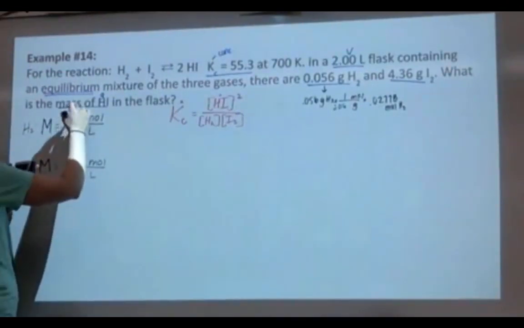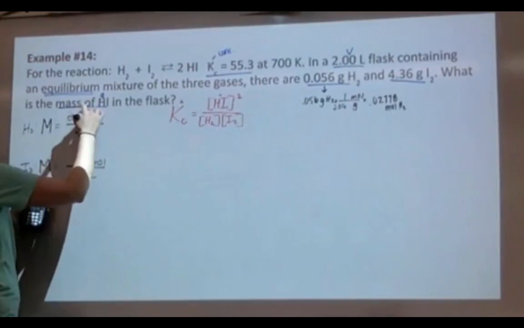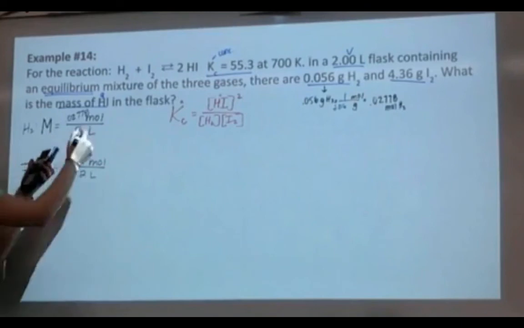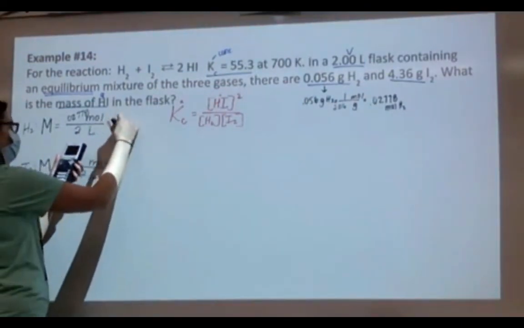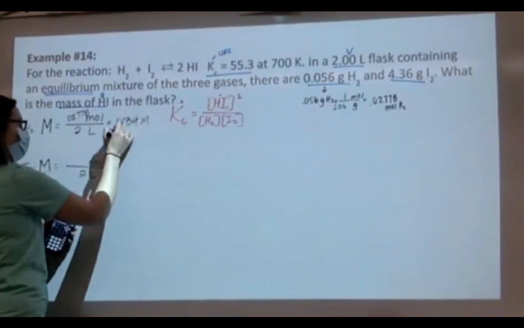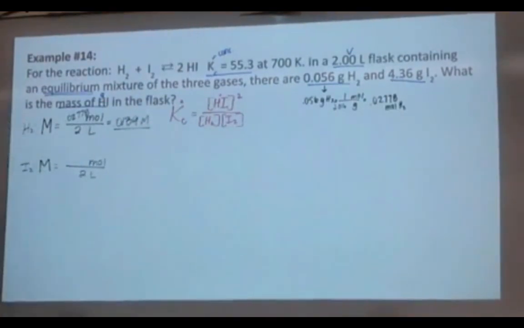I would recommend just leaving it in your calculator if you can. So the moles of H2 that are in the container, 0.02778, divided by 2 liters, is 0.0139 molar. There's H2.